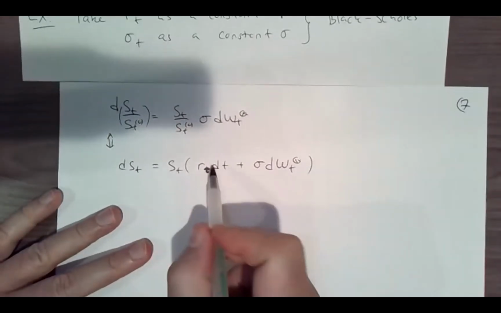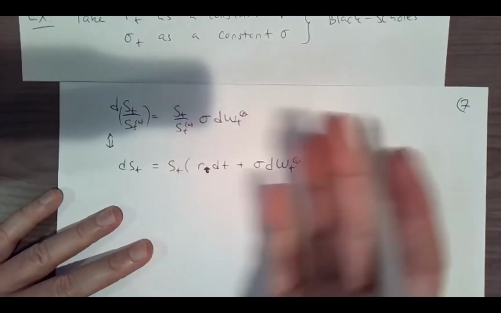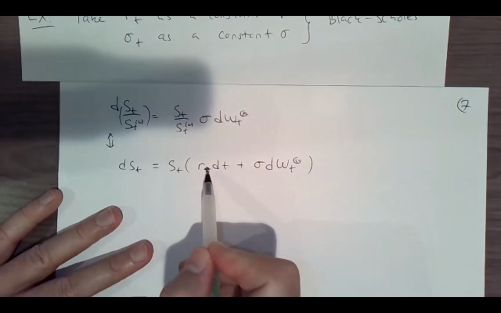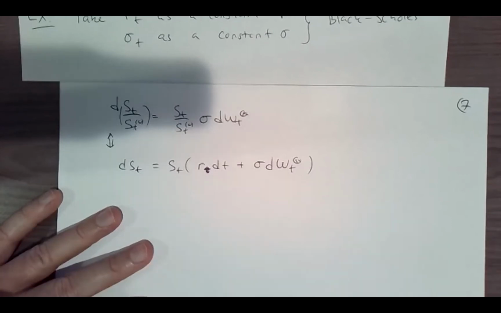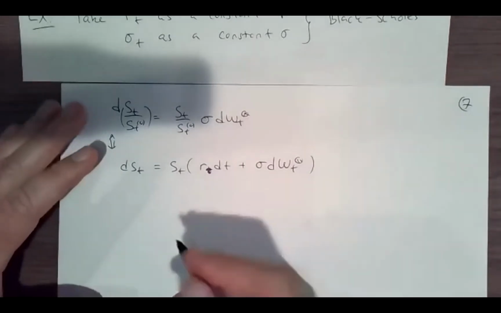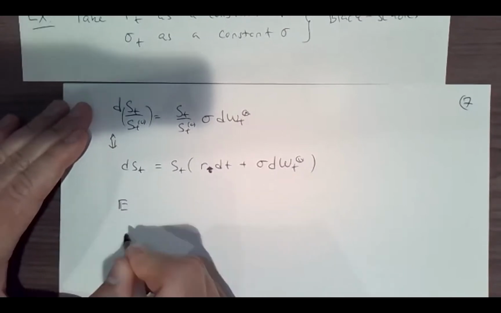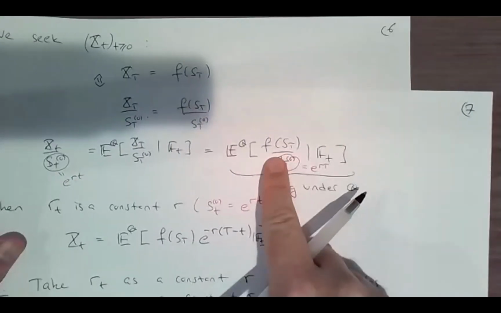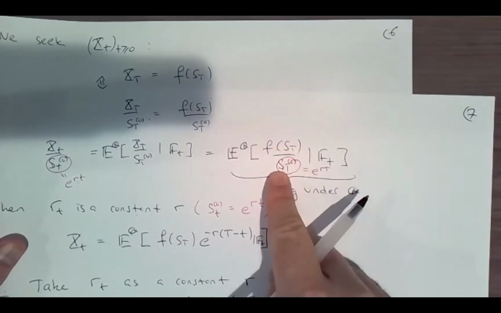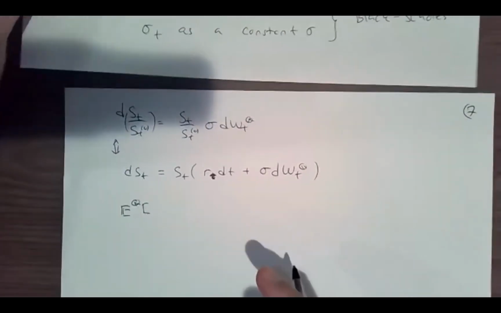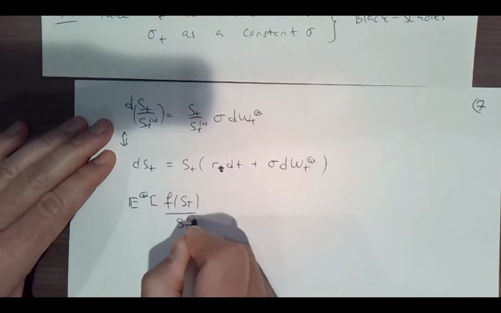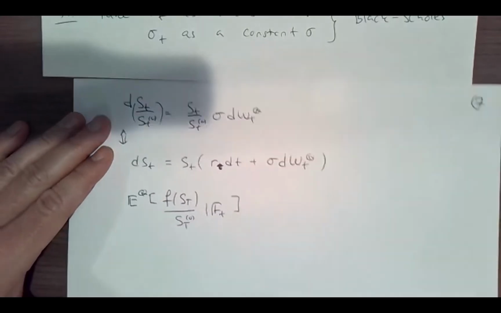So this is also why you see the growth rate. That's the same thing as in discrete time. The expected growth rate of the stock in discrete time was also R. And this is the same thing here. So I am interested in computing the conditional expectation of F of ST discounted by the money market account.